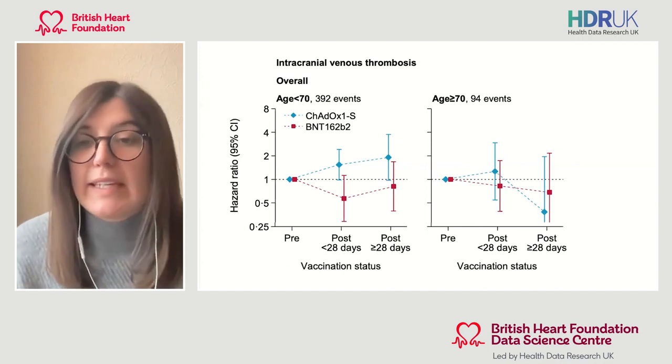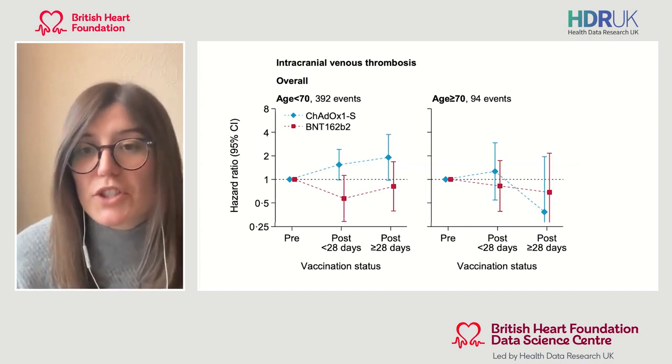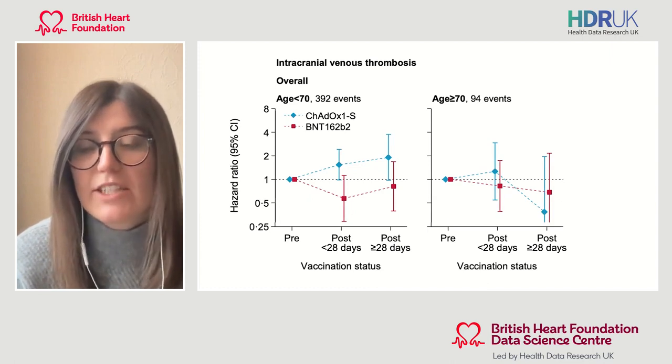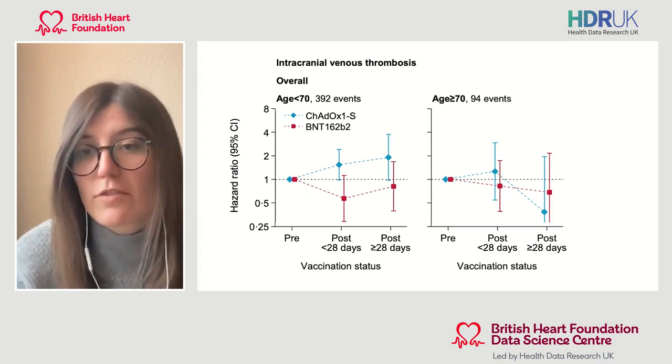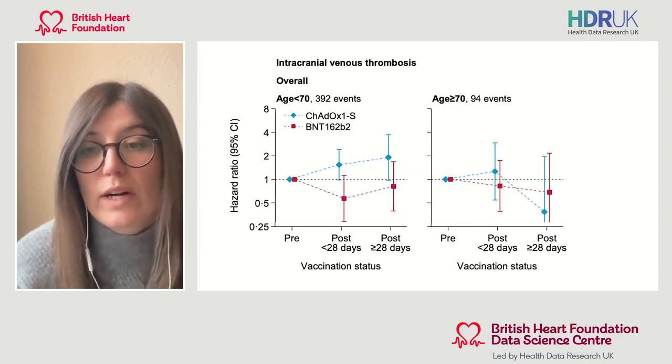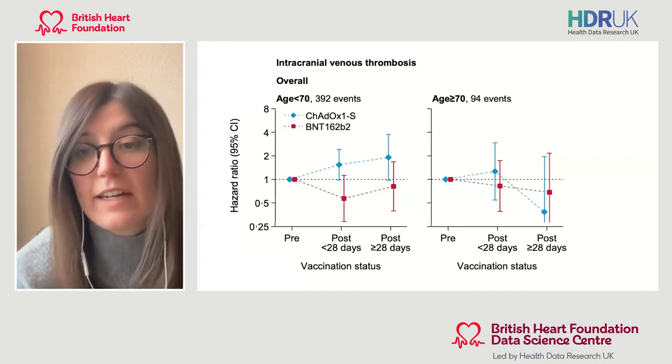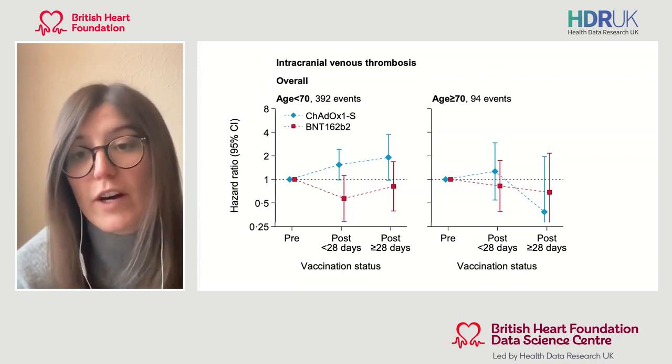Moving now to the vaccination results, I'll focus just on 2 outcomes that were highlighted as potential adverse events for vaccination, starting with intracranial venous thrombosis. Here in the under 70s, we saw elevated hazard ratios following AstraZeneca vaccination, but not for Pfizer.